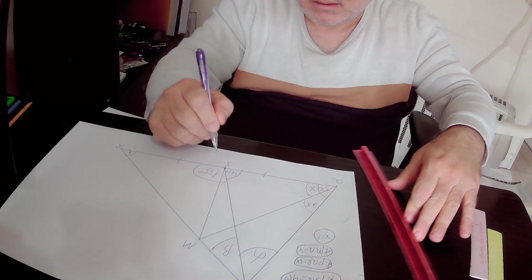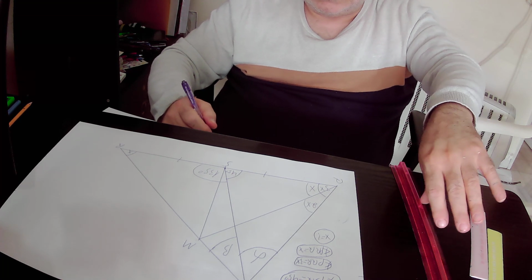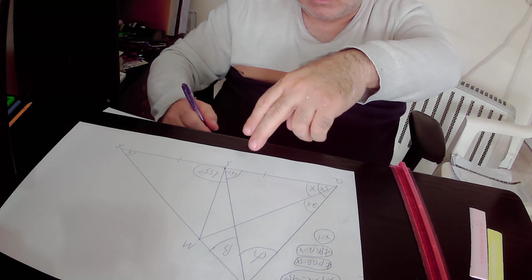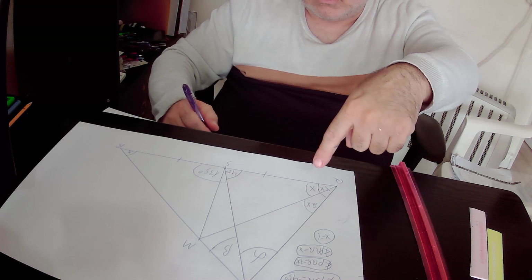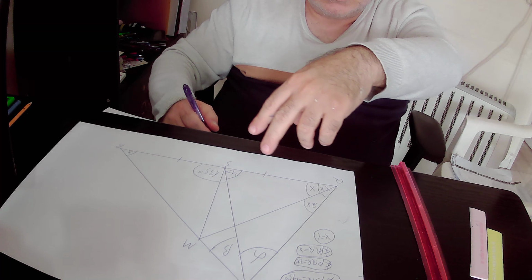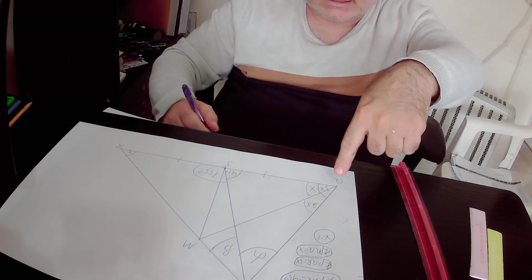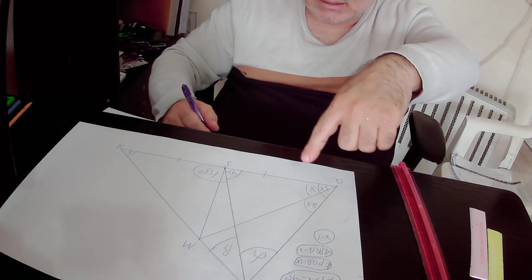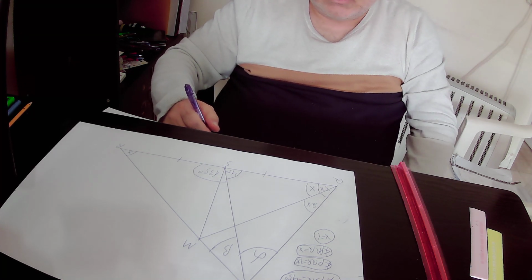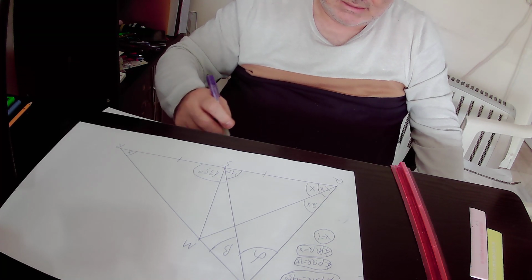The segment line MS is the median to the base of the isosceles triangle QMR, and the median to the base bisects the base.